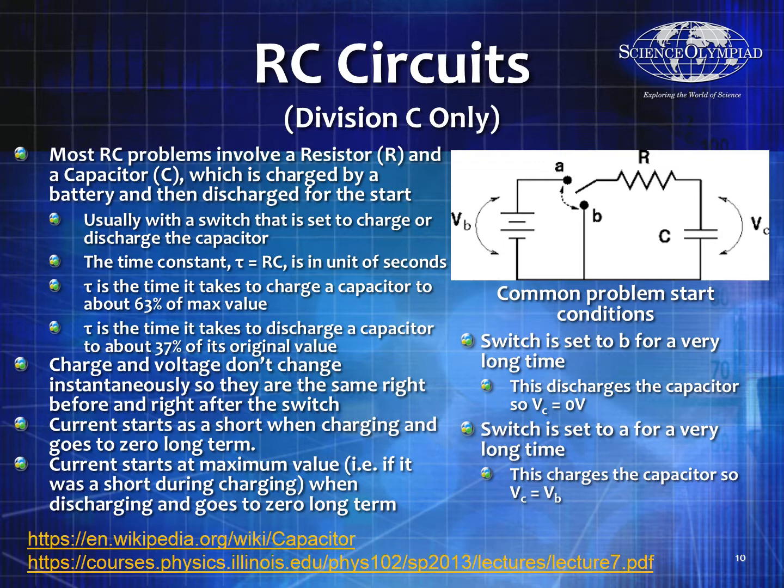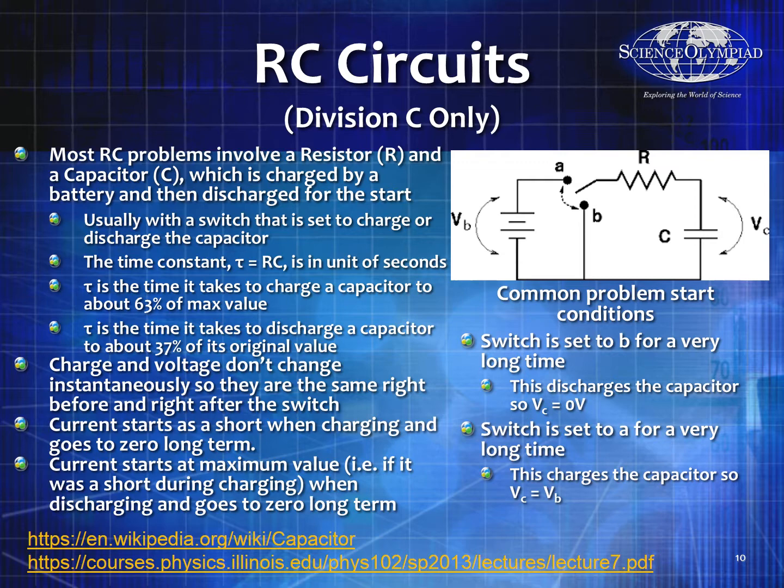What they'll usually try to do to make sure that you understand whether it's fully charged or fully discharged is tell you that the switch is set to a particular setting for a long period of time. In this particular case, if the switch is set to B for a very long time, that would completely discharge the capacitor, and the voltage of the capacitor would go to zero, and the current through the capacitor would also go to zero.